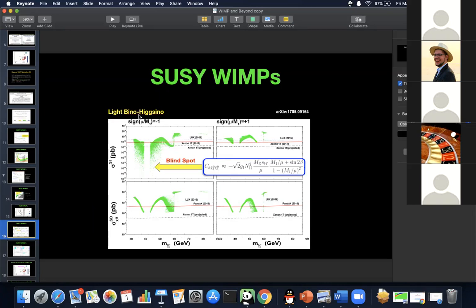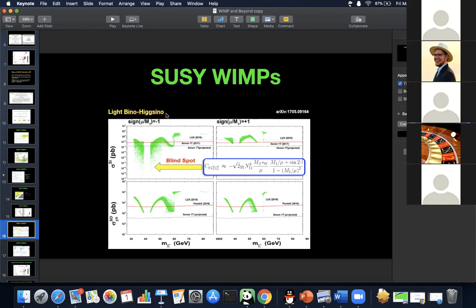But we know the Higgsino dark matter will have very strong interactions, and then the relic density is much smaller than the observed value. So whether we can have a light Higgsino to keep the naturalness and also produce the right relic density is the question we want to answer.